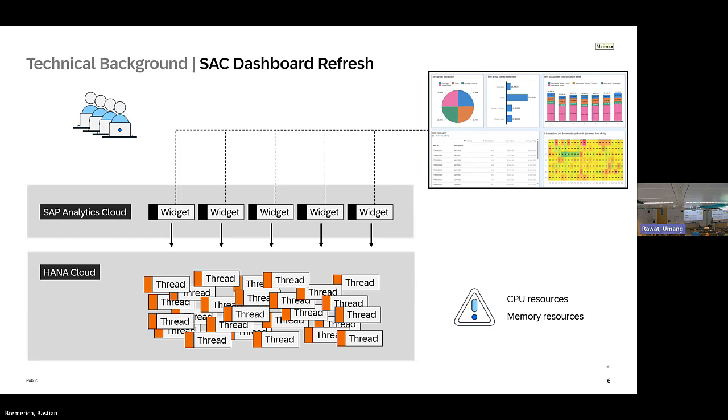I mean, this is not a situation that I made up. This is what we already see. This is what we see at customer scenarios and customer HANA Cloud instances. Monthly end reporting, quarterly end reporting, in general, situations with a higher than usual reporting activity. Think of training situations where once the instructor has finished, everybody starts clicking at once on the dashboard.